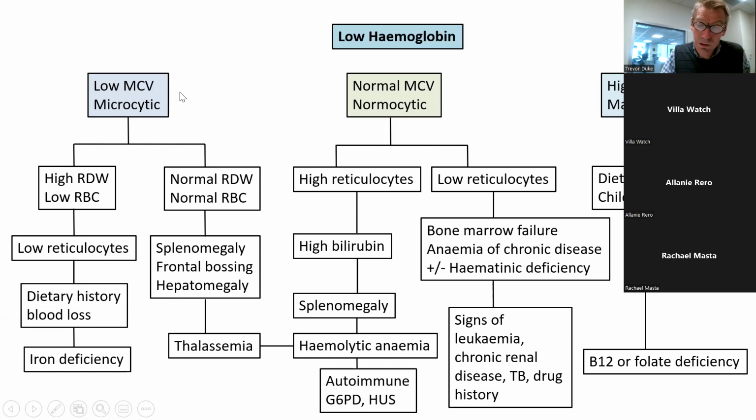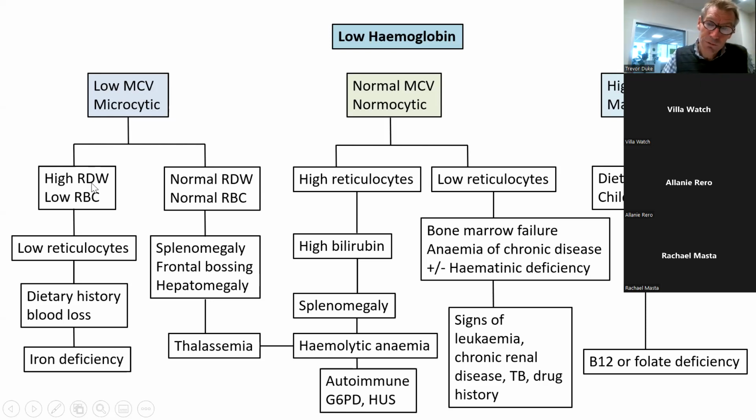And when you're looking at a child who's got microcytic anemia, then the next thing to look for is the red cell distribution width, RDW. Now, I've talked to you about this before, but it's a measure of the variability of the size of red cells.